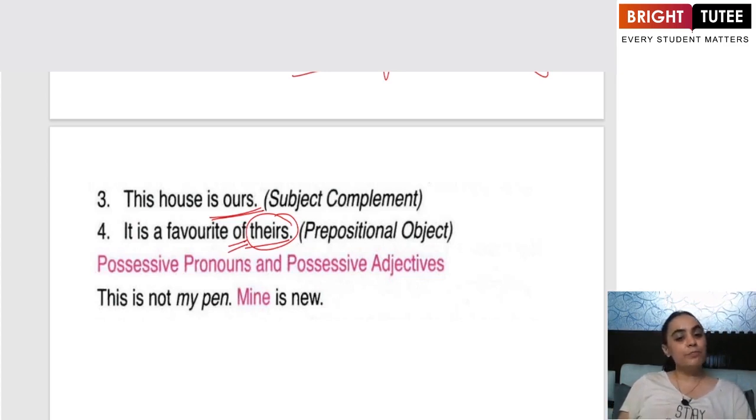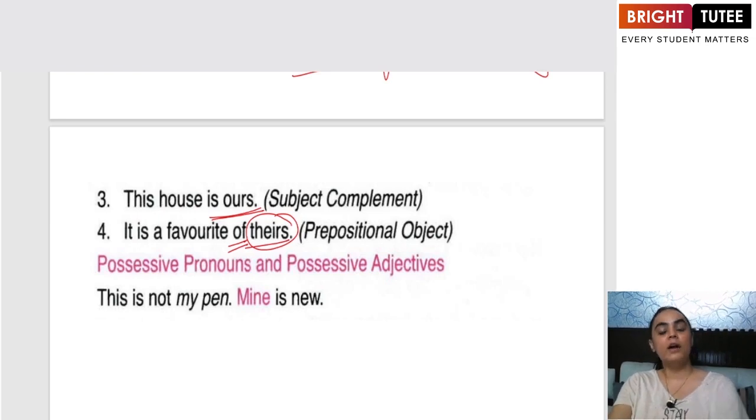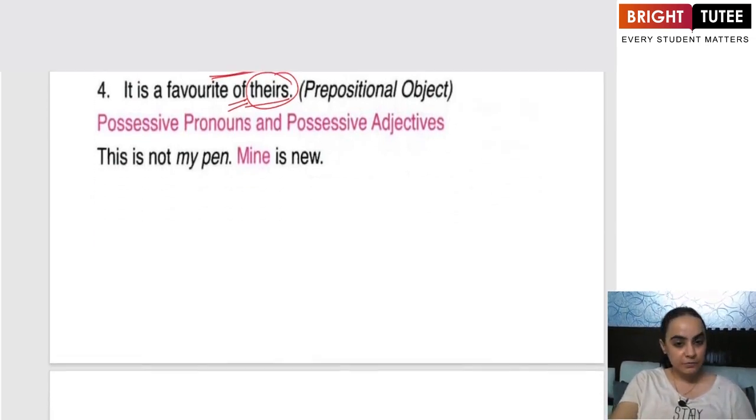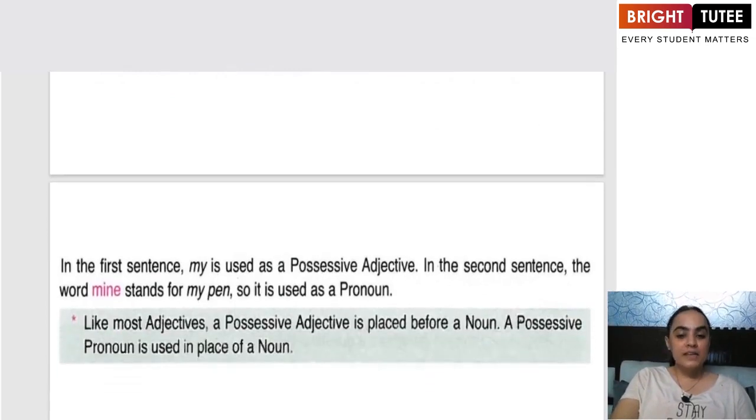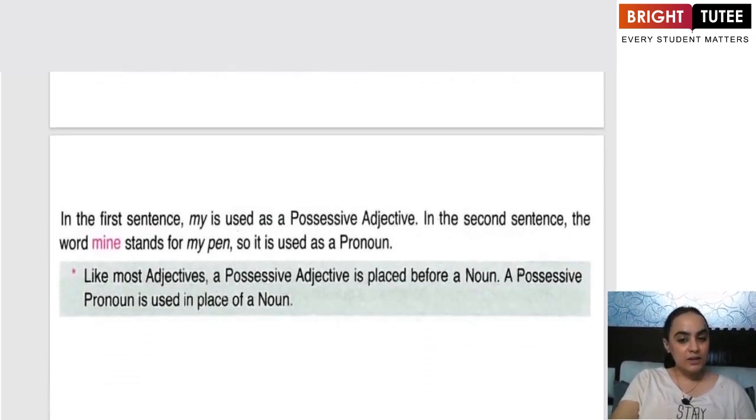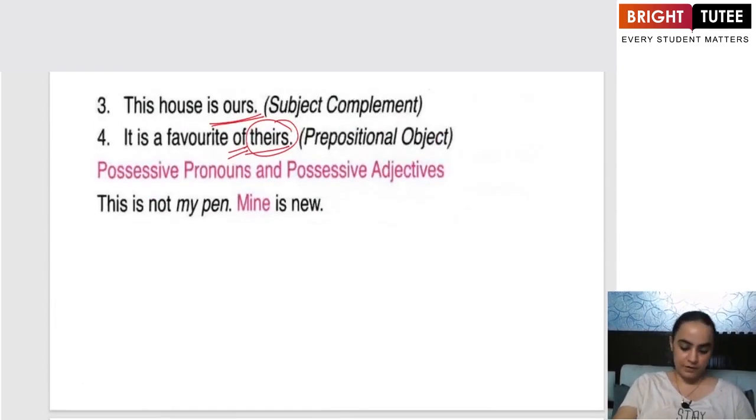So, possessive pronouns and possessive adjectives. These two topics are at times very confusing for the students. What is the difference between a possessive pronoun and a possessive adjective? So, basically, if we look at this sentence, this is not my pen.